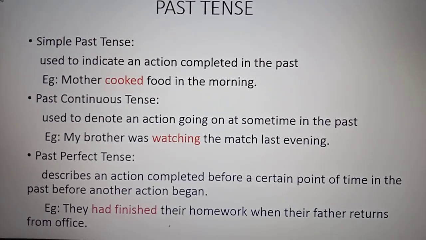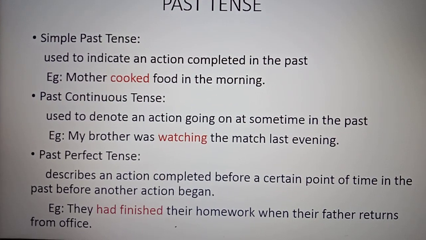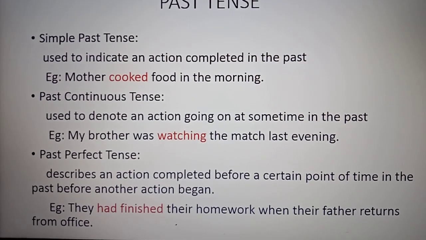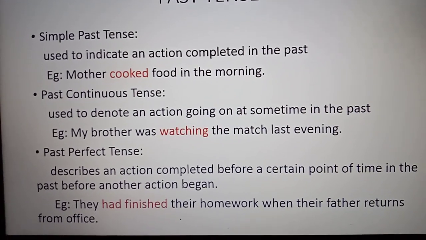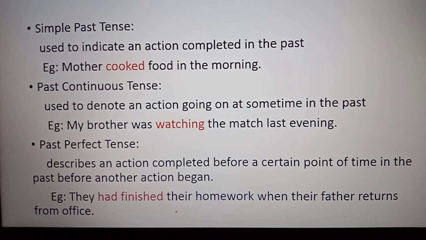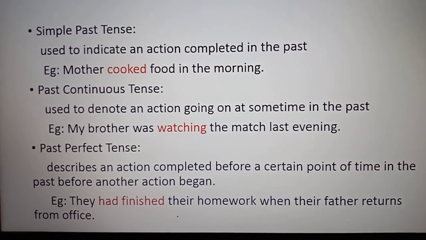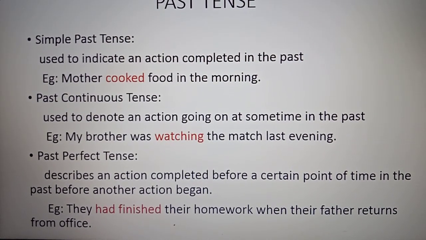So my brother was watching the match last evening. What is the form of the sentence? It is subject plus was or were plus verb plus ing form plus the object. That is the past continuous tense. Got it? Now the next is past perfect tense. Just as we have the present perfect, the same with past perfect.